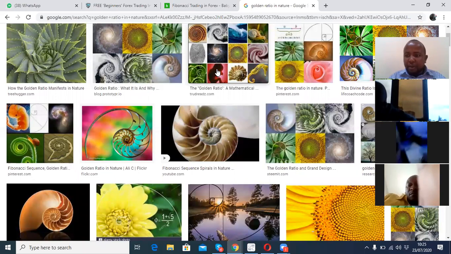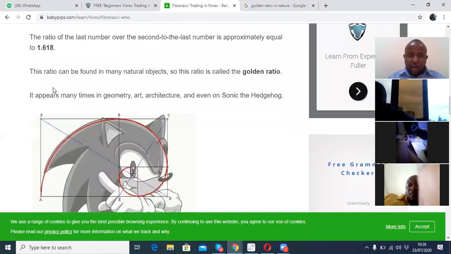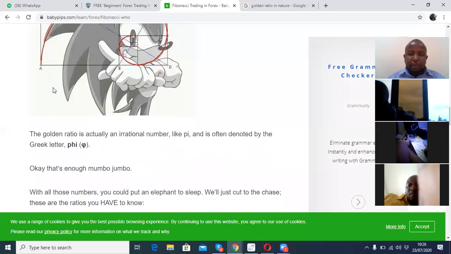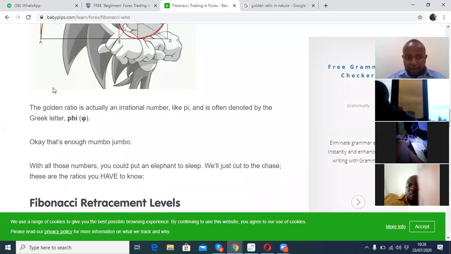Even the baby, when the baby is being formed in the womb, everything in nature comes in sync with the Fibo or the Fibonacci ratio, or we call it the golden ratio. Let me go back to our explanation so that I can show you how it works. The golden ratio is actually an irrational number like pi, and is often denoted by the Greek letter phi. We call it pi normally.